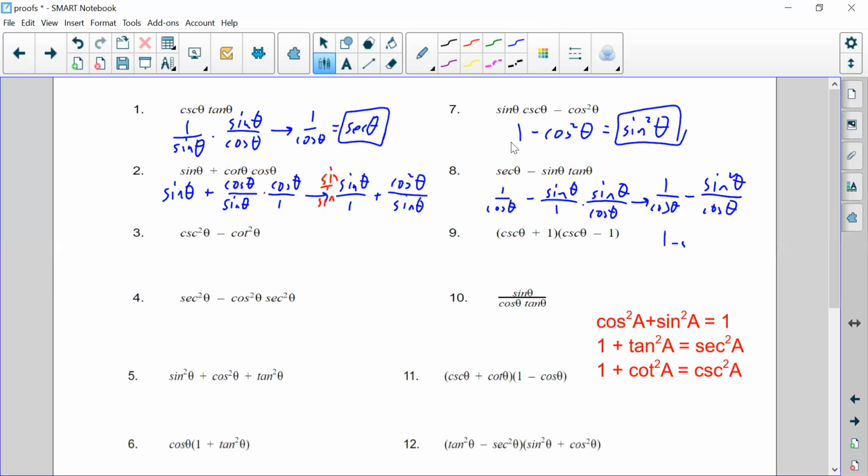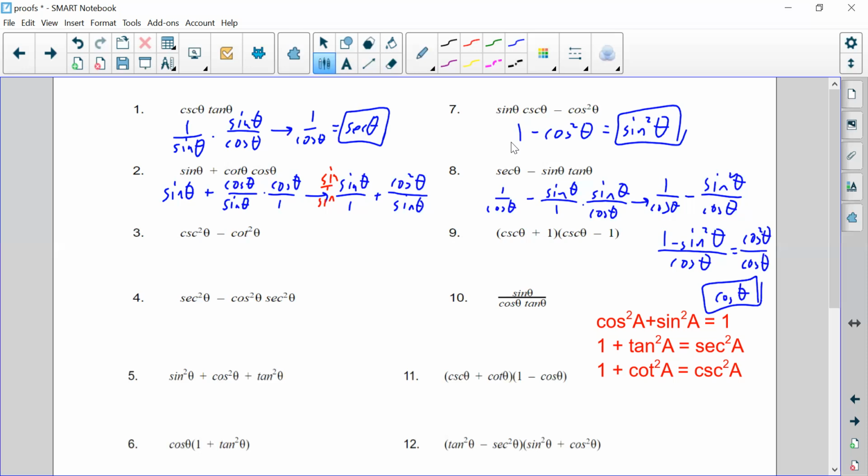Well, they combine to 1 minus sine squared over cosine. But 1 minus sine squared is the same thing as cosine squared. And the two cosines cancel out, leaving you with just cosine of theta for number 8.